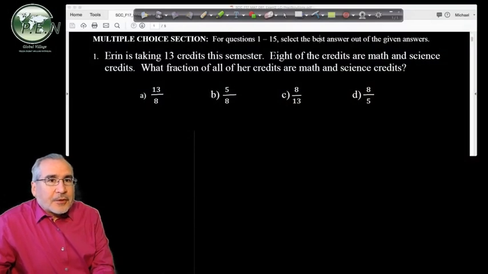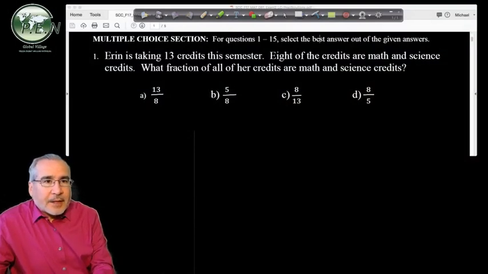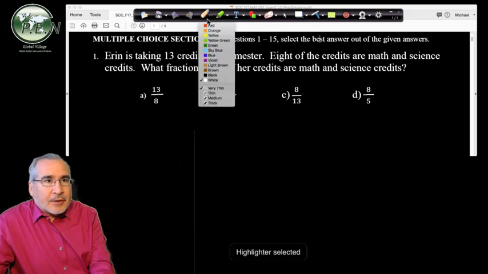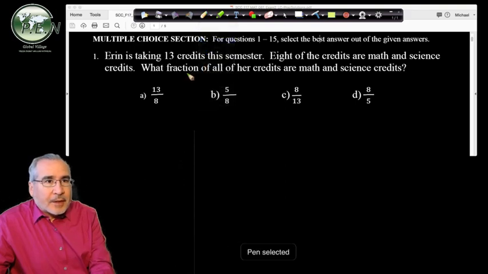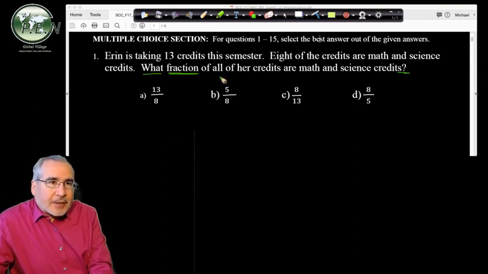Okay, here's our first question, and as we usually like to do, we should read the question backwards. So we see the question mark here, this is where the question is, and the question word, what, we're looking for a fraction, so that's what our answer is. We see some fractions down here. But remember, there's different types of fractions.